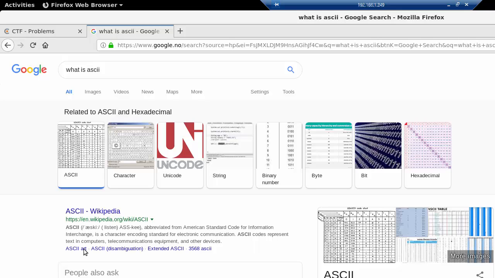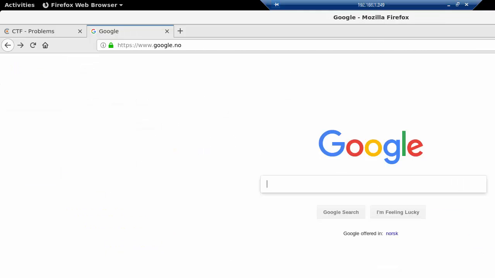Could be a letter describing a grade, right? So now we know a tiny bit about what a hexadecimal is and what ASCII is. So let's return to the main question, which was, if I told you your grade was 0x41 in hexadecimal, what would it be in ASCII?